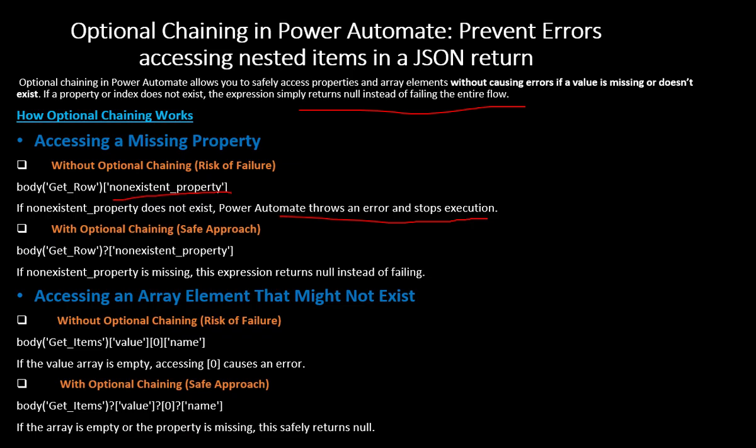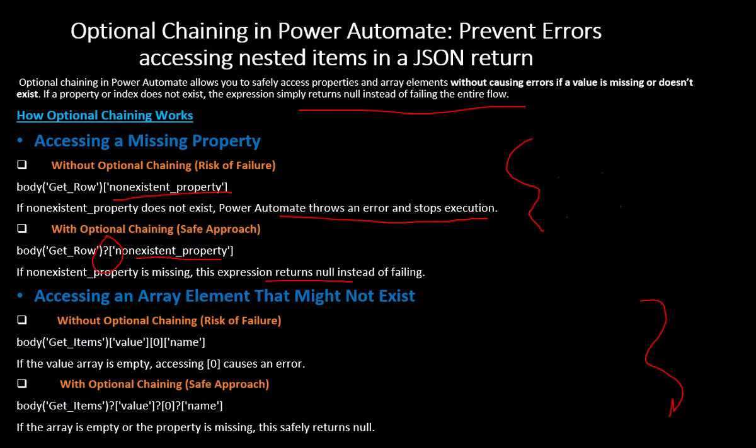So what do you do? You use a question mark symbol, like this here. What does this question mark say? It will give an extra safety, like it will return null if this key or property does not exist in the JSON. So say you have a JSON, and we have key value.